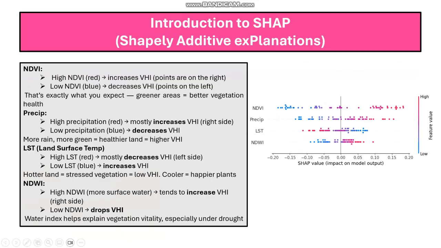If we talk about precipitation, which is the second most important factor in our model, we can see that high precipitation increases the VHI, and low precipitation has a negative impact because it decreases it. So it's more rain, more green, and healthier land, so higher vegetation. Similarly, it goes for land surface temperature and NDWI.